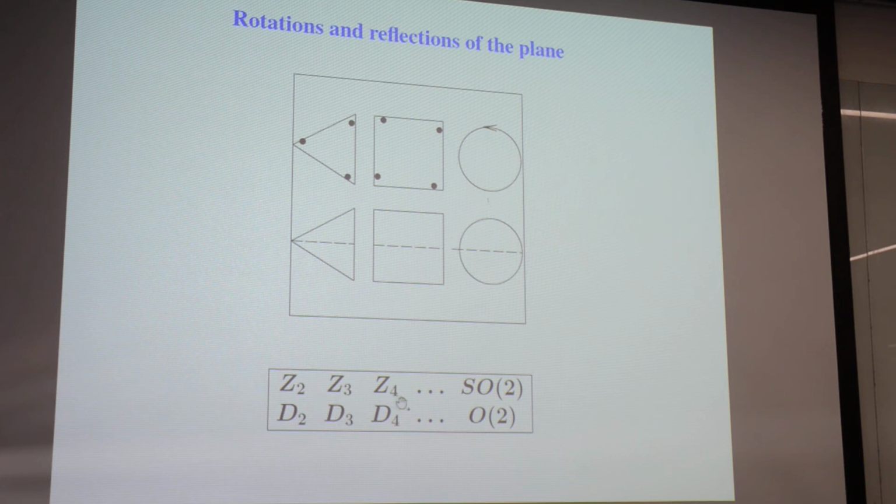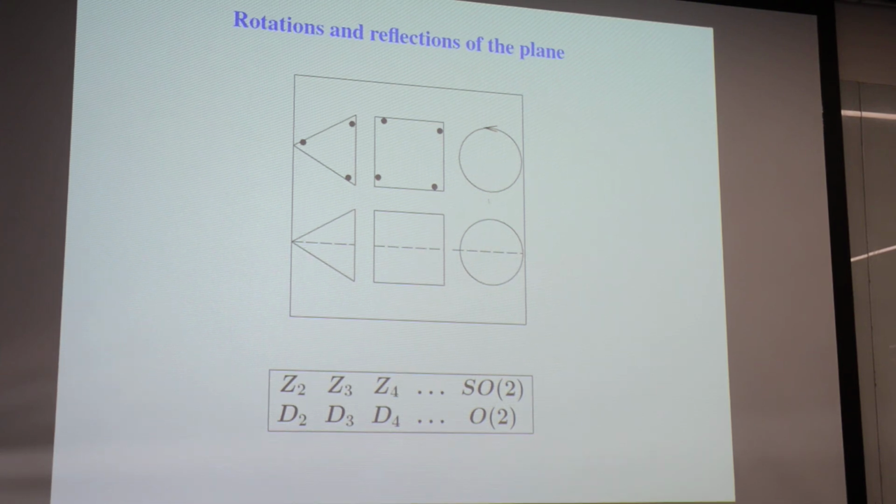We'll look at that in more detail a little later. The limit, with the angle becoming infinitesimal, where you just have this circle, is called SO2, and this is where you have an infinite number of elements, the rotations by theta, any theta. So you have a whole 2 pi's worth of rotations. O2 is the name of the group that has all those rotations by any theta, and also reflection.